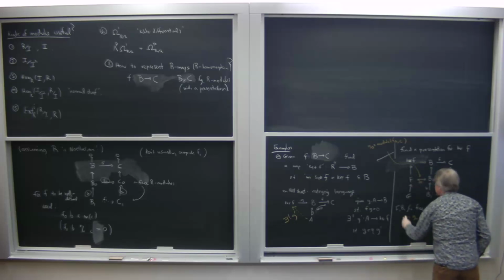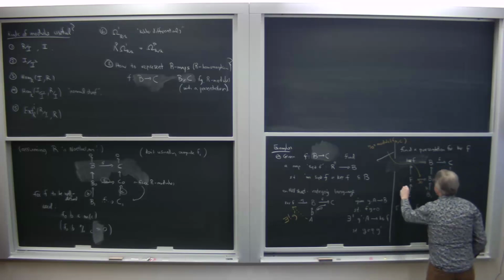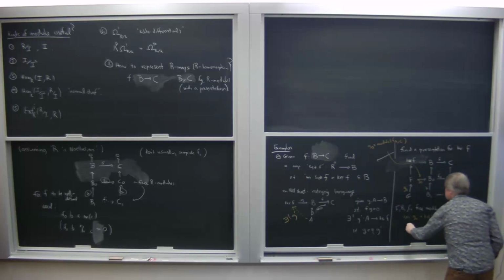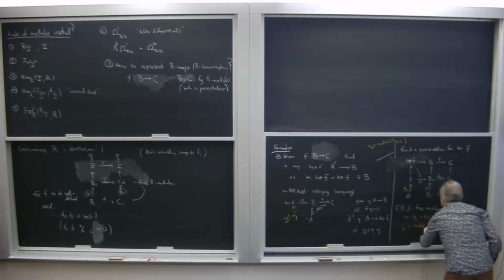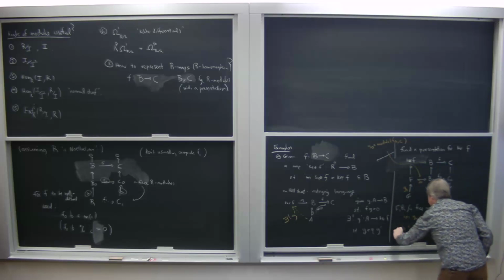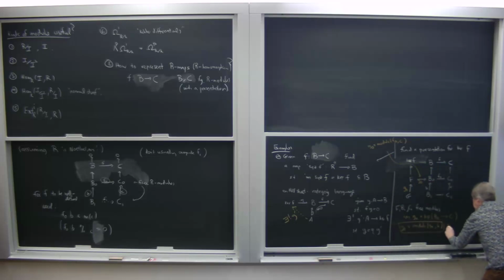So in fact, if I let this be now G1, which is bad notation maybe, and now I had G0 as that, and now I have G1 is equal to modulo of G0 comma B. And that's the presentation matrix for the kernel of F.